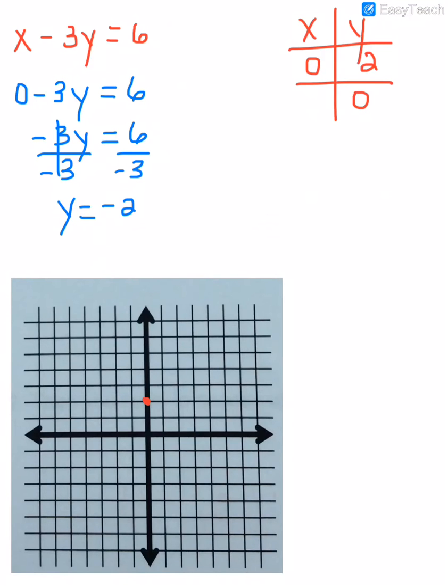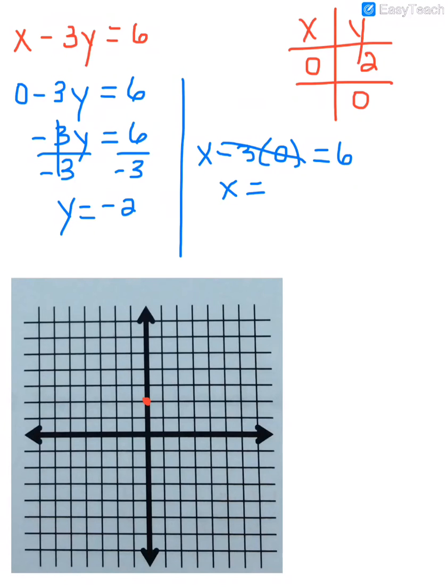All right, and now I'm going to plug in 0 for y to find my x-intercept. So that gives me x minus 3 times 0 equals 6. Well, negative 3 times 0 is 0, so that just turns to 0.